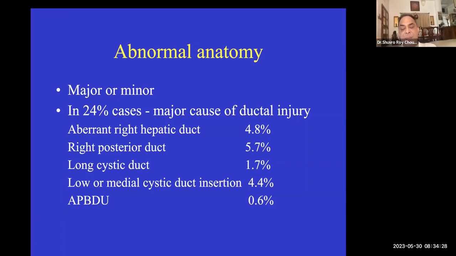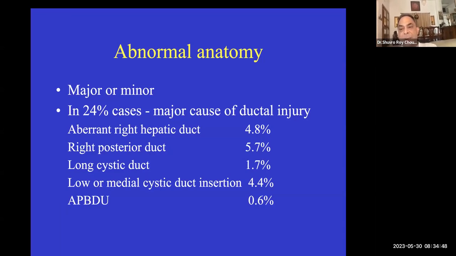And this is very important because I think nowadays you guys have got robots and stuff. You have got fantastic visualization. But in the old days of colored triangle, me as a surgeon, when I was taught, I remember this very clearly, that the medial most structure was supposed to be the bile duct.